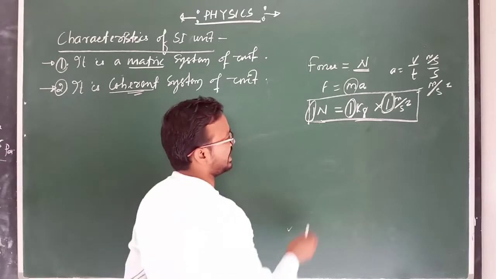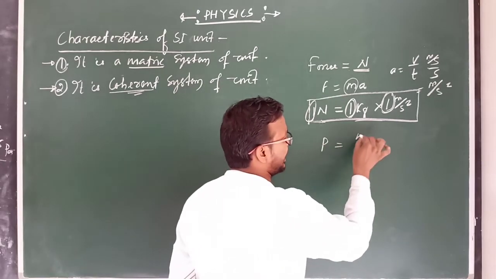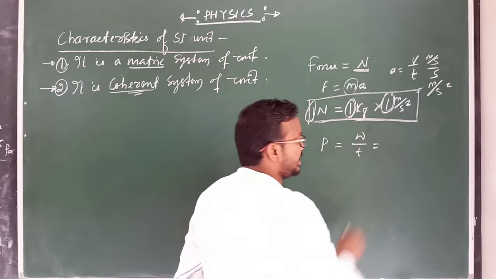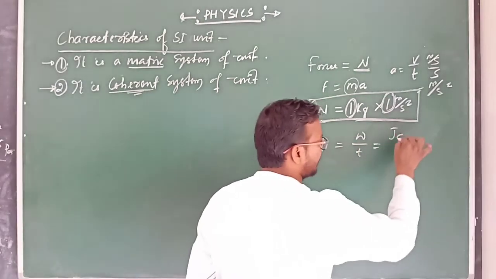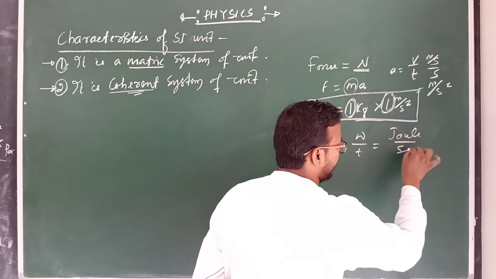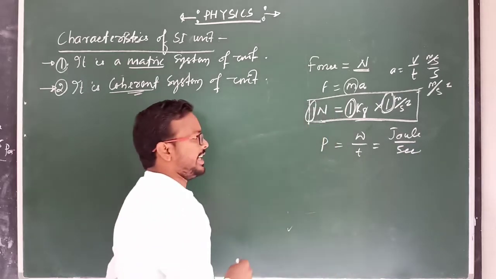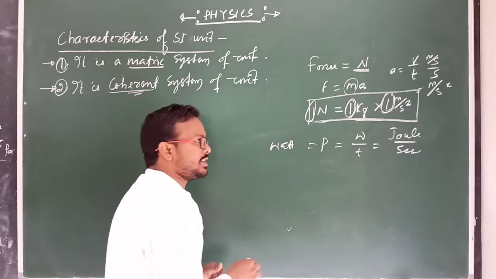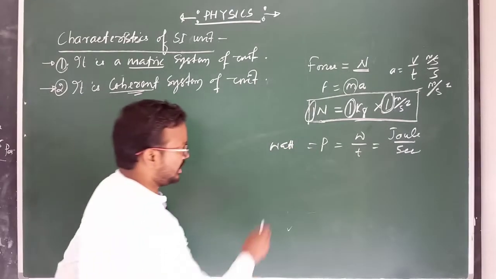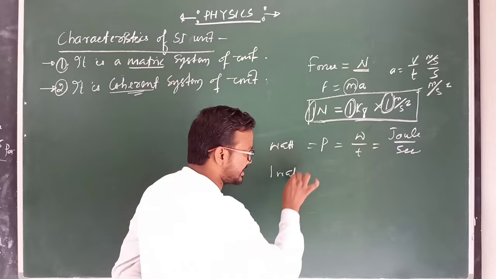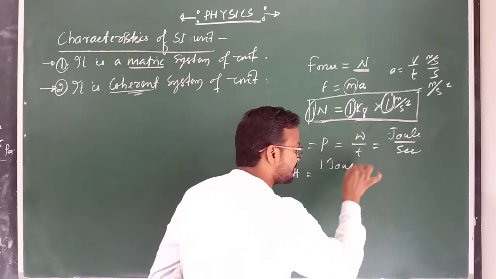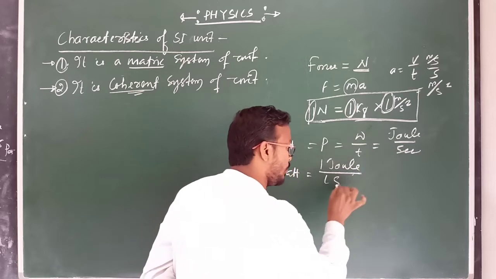Clear? Similarly, we know power equals work by time, and we already know the unit of work is joule, divided by second. Now we have to find the unit of power. We already know that is watt. If we want to calculate 1 watt, we can write 1 joule divided by 1 second.